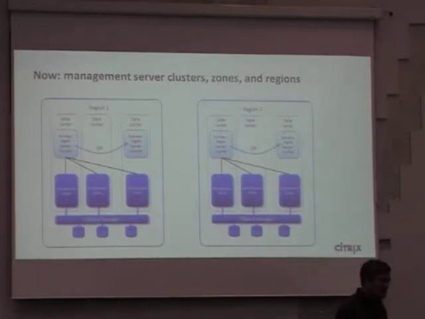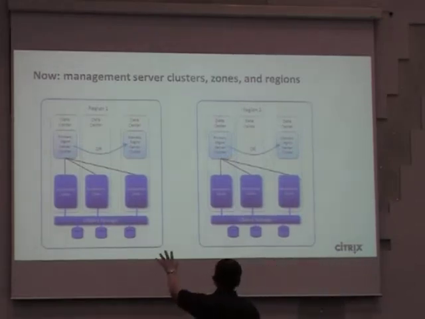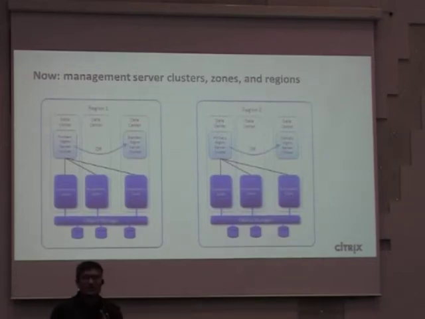Now, the deployment architecture that Will explained earlier is also going to evolve. Today, a deployment of CloudStack is actually one deployment with 2 regions. If you know about Amazon, you understand regions.